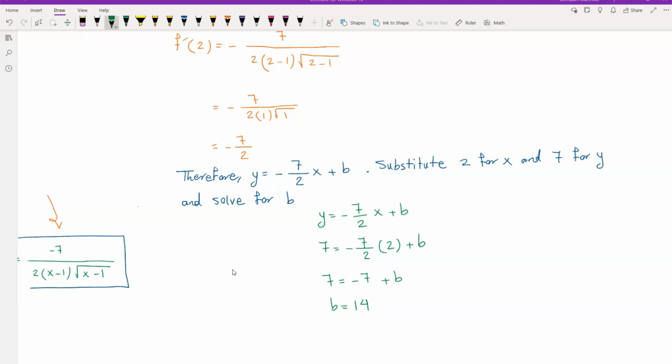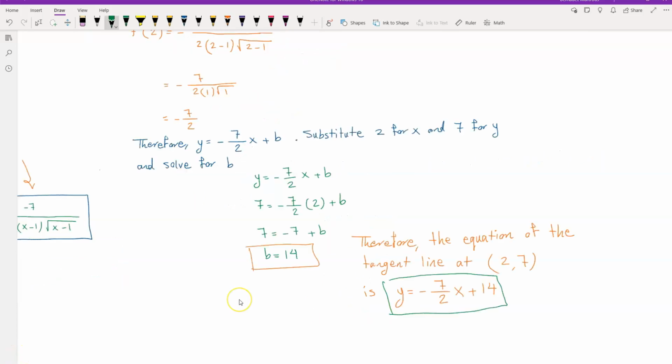Simplify. Here is 7 equal to -7 plus b. Solving for b, b is 14. So this is what we have on this part. So the equation of the tangent line at 2, 7 is y equal to -7 divided by 2 times x plus 14.